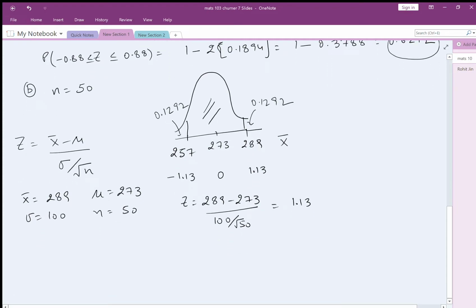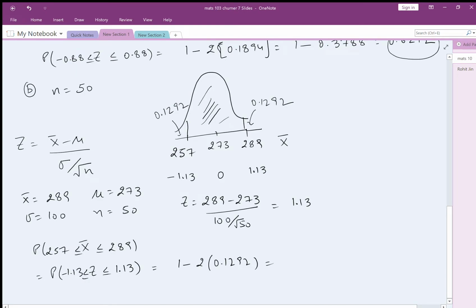So the probability that x bar is between 257 and 289 is the same as the probability that the z-score is between negative 1.13 and positive 1.13. So that is equal to 1 minus twice 0.1292, because we want to find the area in the center.